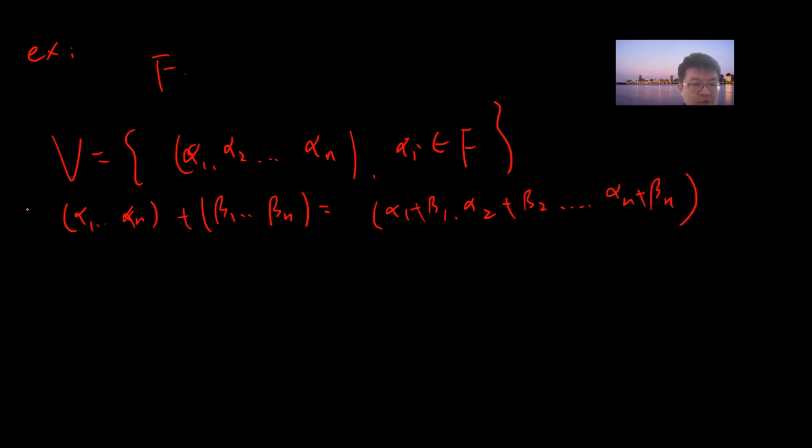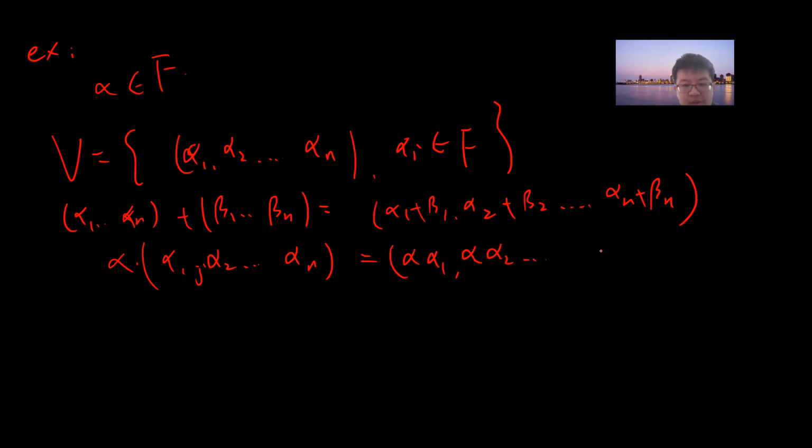And then you take any element alpha in the field F, and take any element of V, say (alpha 1, alpha 2, alpha n). It becomes (alpha alpha 1, alpha alpha 2, alpha alpha n).